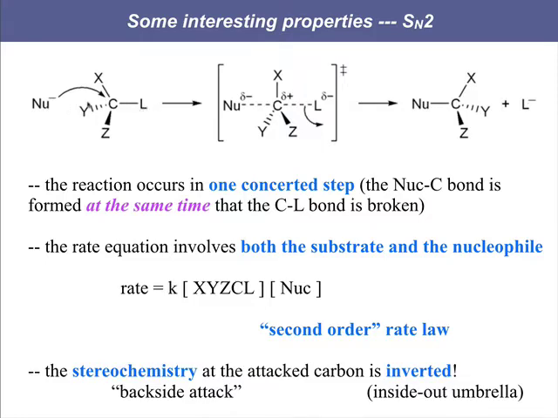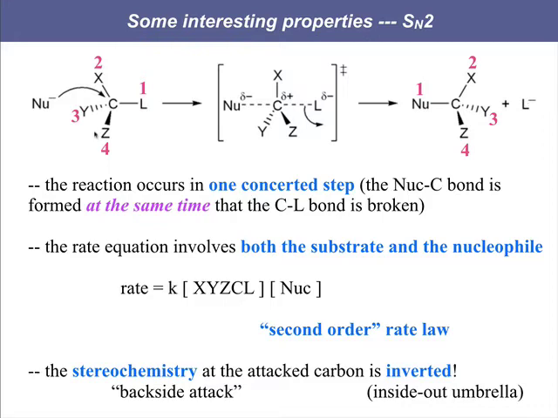And as a result of that, the stereochemistry is inverted. Let me show you this. Let's just imagine that this carbon has 4 dissimilar groups, and those 4 dissimilar groups can be ranked as leaving group is 1, X is 2, Y is 3, Z is 4.